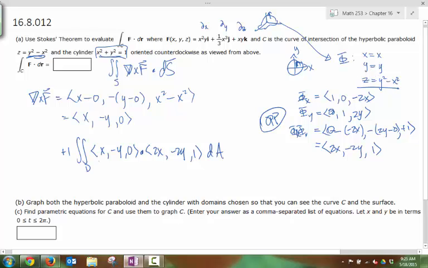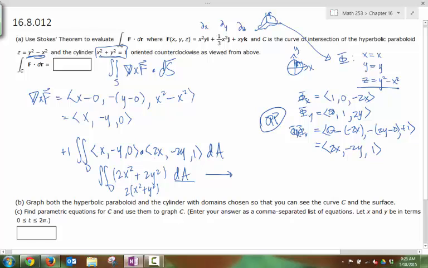So let's multiply this out. We have 2x squared plus 2y squared dA, and remember our domain D is a unit circle, so going polar for this, I'm going to change all the x squared plus y squared into r squared, and change our dA into r dr d theta.